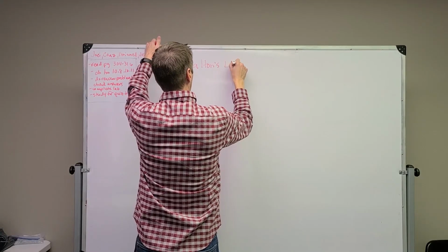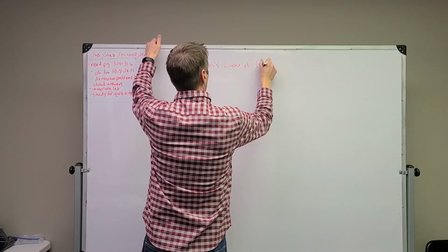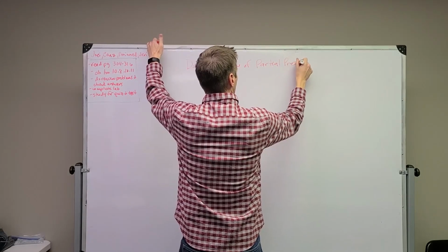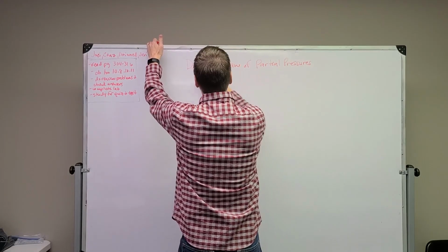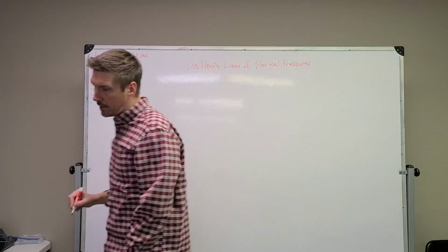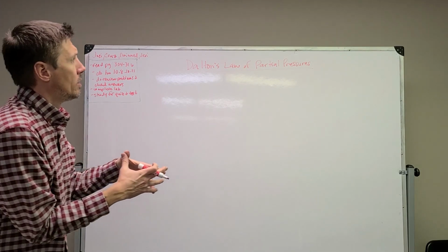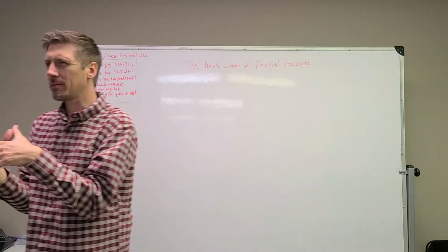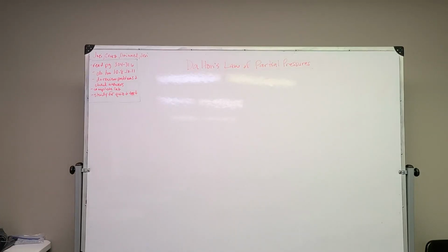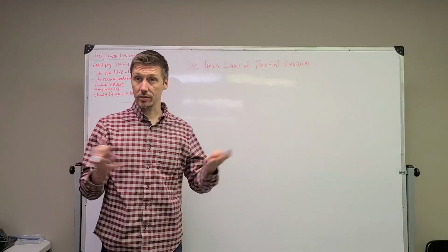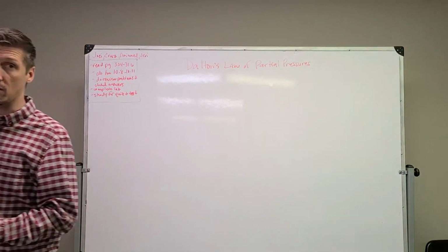Dalton's law of partial pressures. All right. This law says that the total pressure, if you have a mixture of ideal gases, and we talked about ideal gases last time, and we said that a lot of these equations we're going to look at are applied to ideal gases, hence the name ideal gas law.